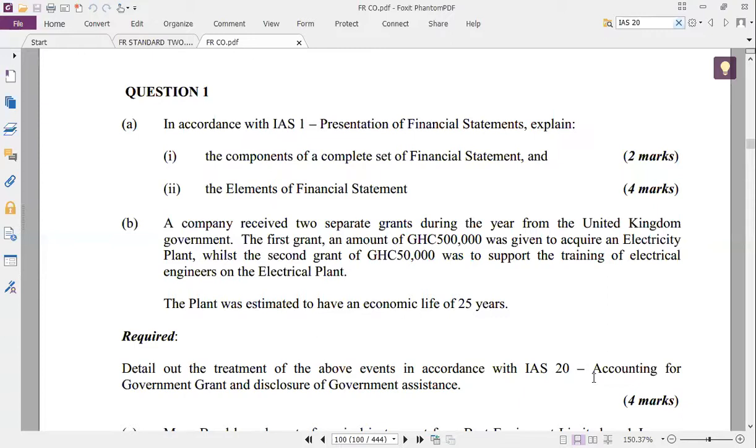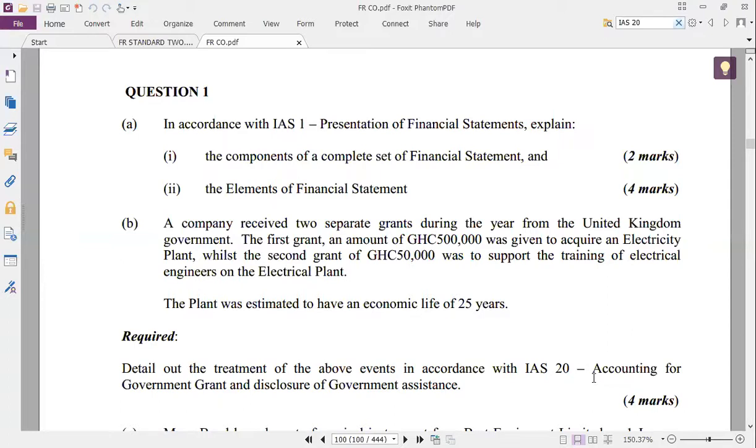So who can inform us this treatment? There are two issues in here. So detail out the accounting treatment, over 25 years. If you pick the first grant, an amount of 500,000 that was given to acquire the plant, that becomes a grant related to assets, which is called capital grants.